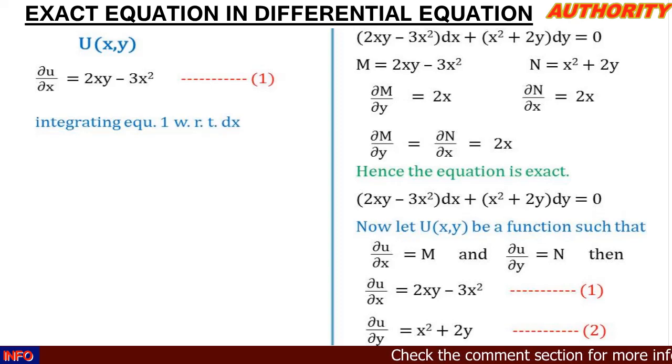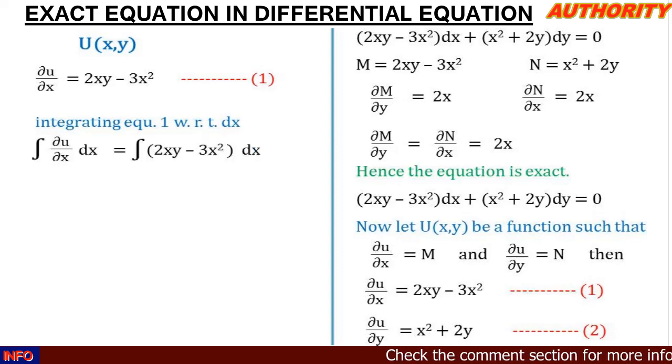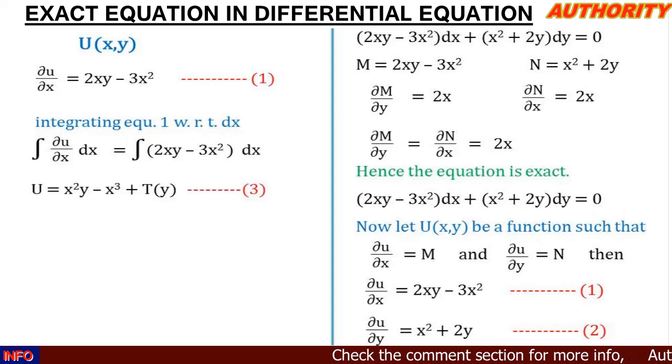That means we're going to have the integral of the partial derivative of u with respect to x dx equal to the integral of 2xy minus 3x squared dx. When you integrate the partial derivative of u with respect to x dx, it will just give you the function u. Then on the other side we integrate 2xy with respect to x.